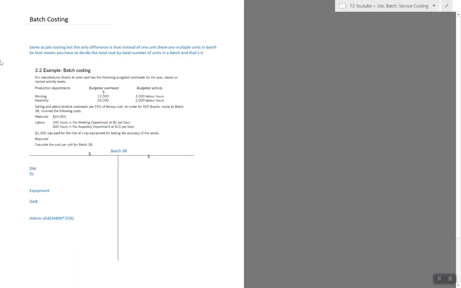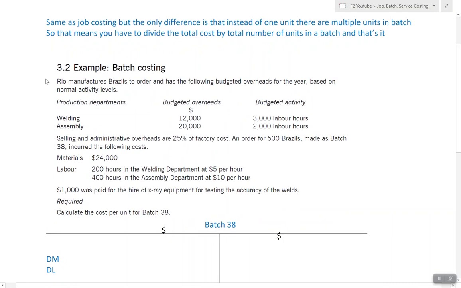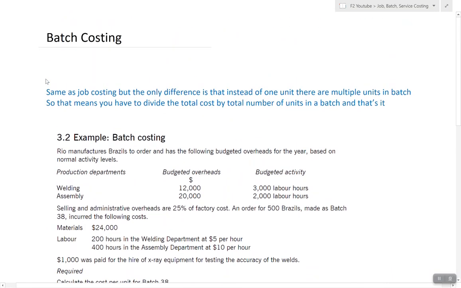Next, let's look at batch costing. Batch costing, the way you calculate the costing system is exactly the same as job costing. There is no difference. But the difference between job costing and batch costing is, in job costing, usually one unit is given, one job is given.